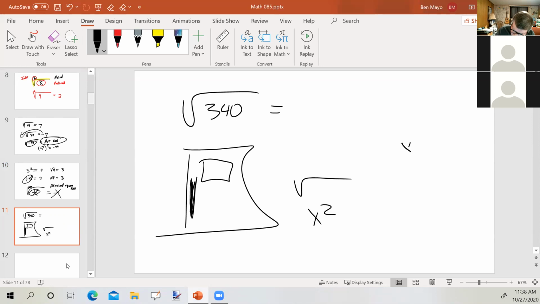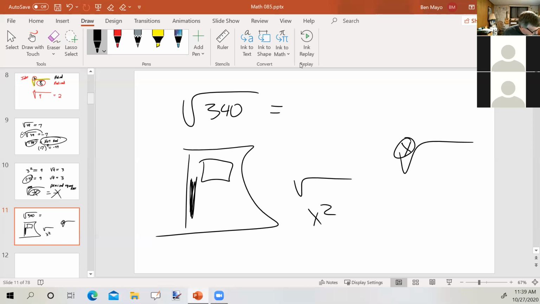Be careful, because there's also a symbol that has a little x in the index. That's not the one you want if you're taking a square root. Okay, so if you have a calculator handy, take the square root of 340. If you don't, then later on you can do that.